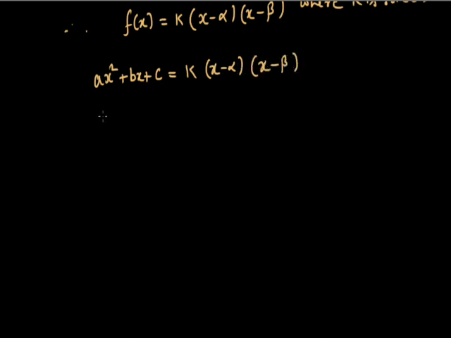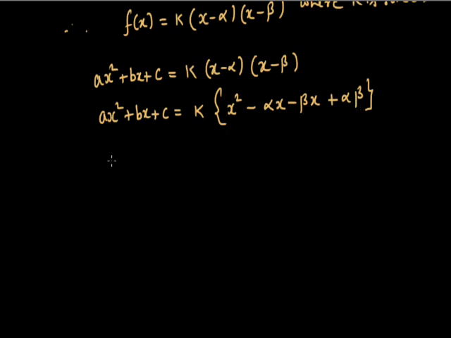Now by solving this, we get ax² + bx + c = k(x² − αx − βx + αβ). So ax² + bx + c = k(x² − (α + β)x + αβ).